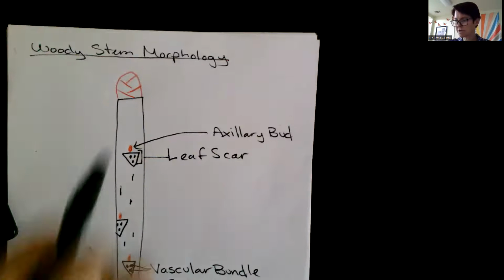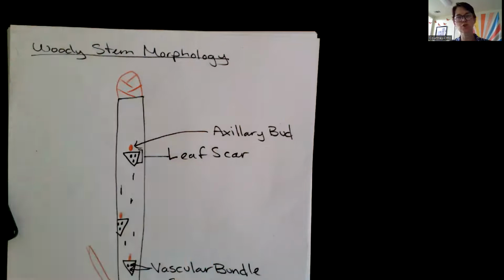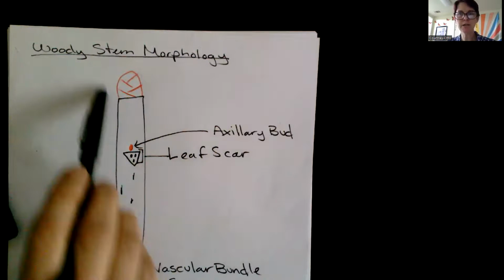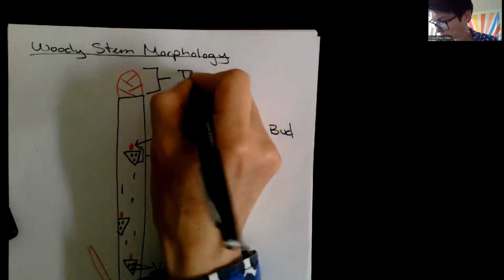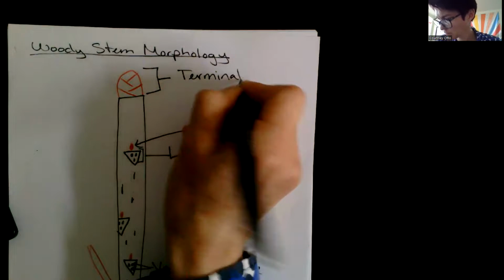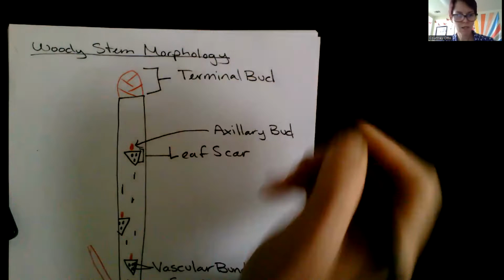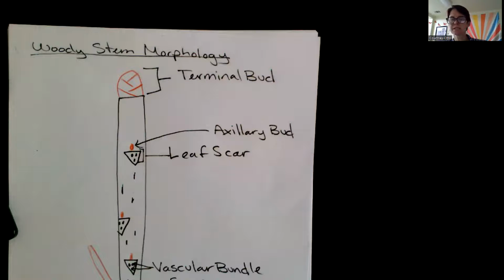Well, what I'd like to get back to here is that really the tip, right, or the terminus of our little woody stem here. What I've modeled up here is what we call our terminal bud. And remember, we're imagining this in wintertime. And so that terminal bud is going to be dormant because the plant isn't going to be actively growing during winter. And what we're going to find buried deep within this terminal bud is our shoot apical meristem.